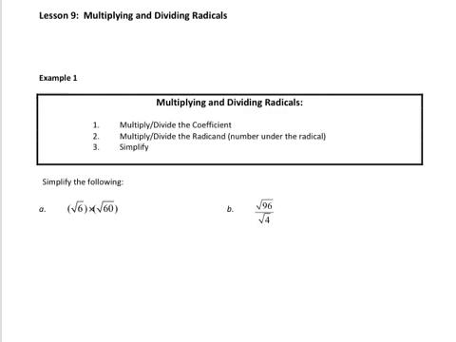So what I mean by that is if I have 3 radical 2 times 5 radical 7, we're not going to multiply everything by everything else. We keep coefficient with coefficient and radicand with radicand. So when you're done, you're going to multiply the 3 times the 5, and that's going to be your final coefficient on the outside.